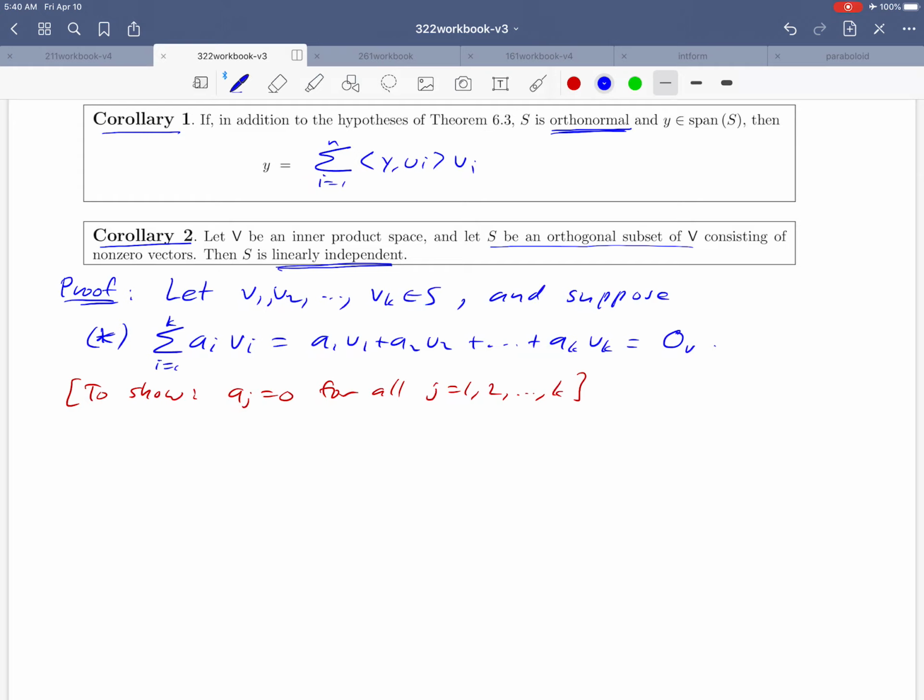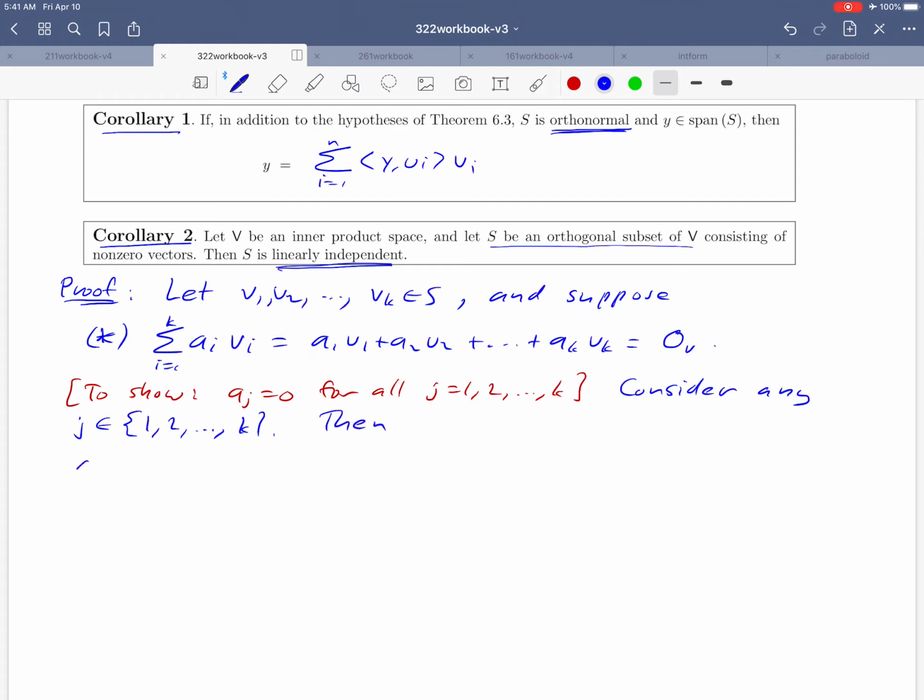So we're going to consider the coefficients one at a time. So consider any j between 1 and k. And then we're going to make an observation about that.